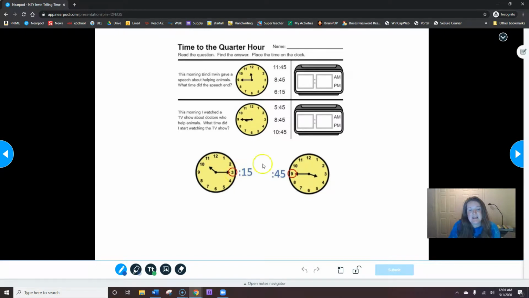Okay? When the big hand's pointing at the 9, it's something 45, because when we count by 5s and stop at 9 like this, 5, 10, 15, 20, 25, 30, 35, 40, 45. We get to 45 minutes.